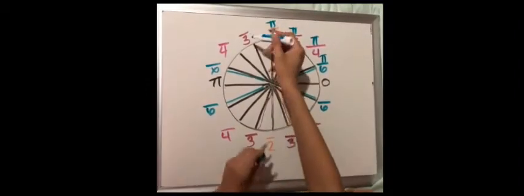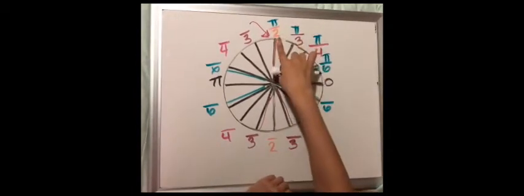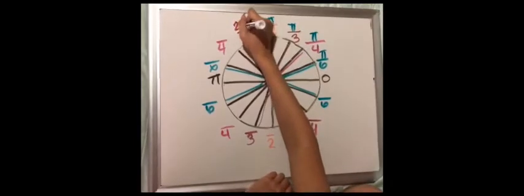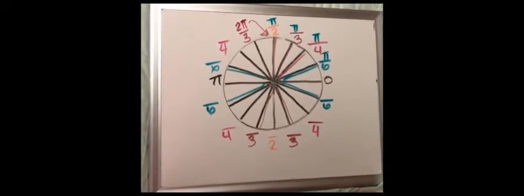The way I remember that numerator is I look at the previous denominator. So if you look this way, 2 was the previous denominator. So the numerator of this one is going to be 2 pi. Now, for the next radian, if you look at the denominator of the previous, it's 3.